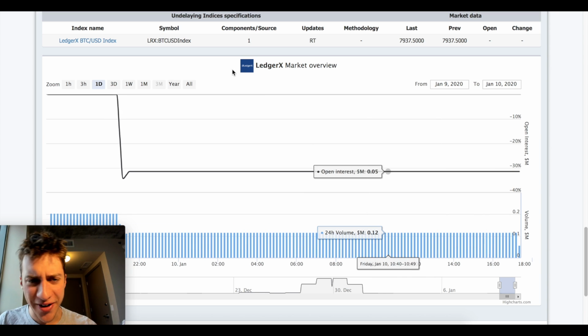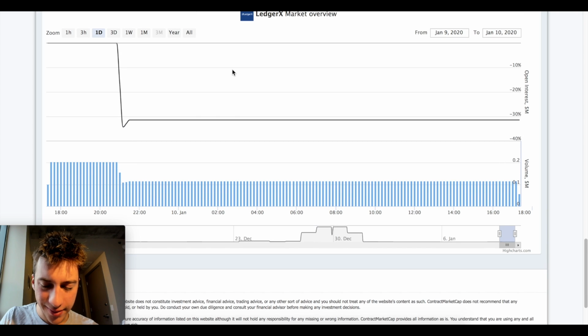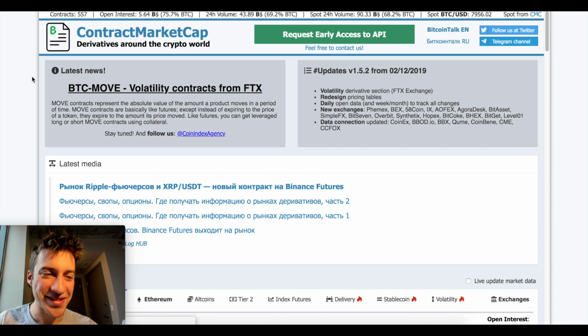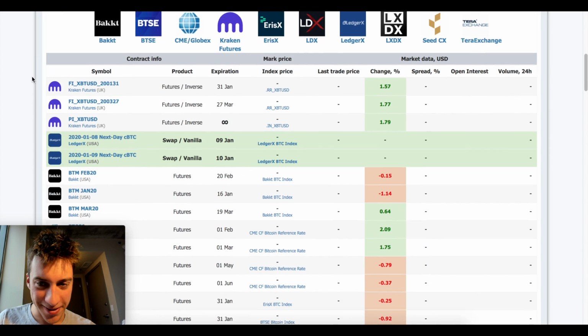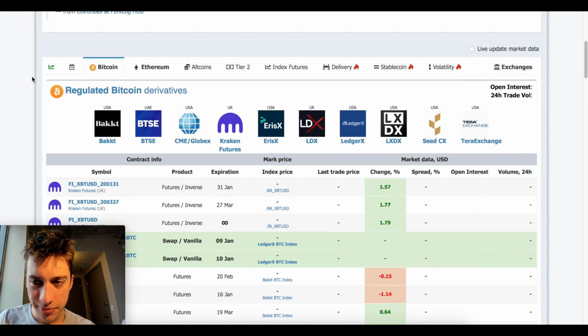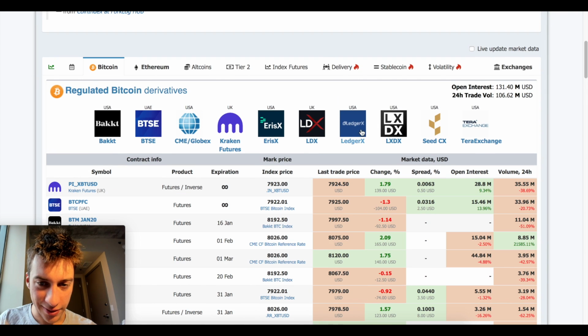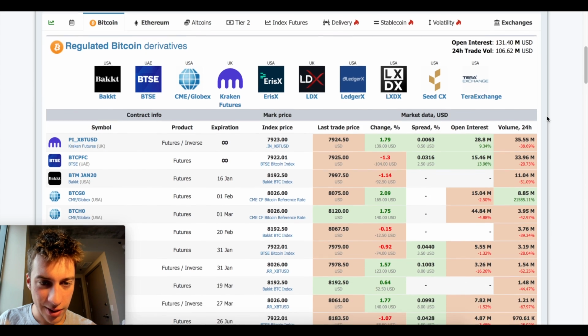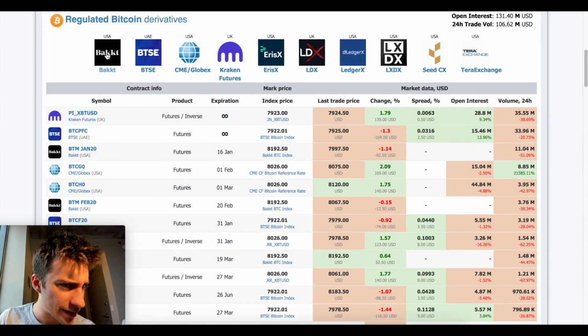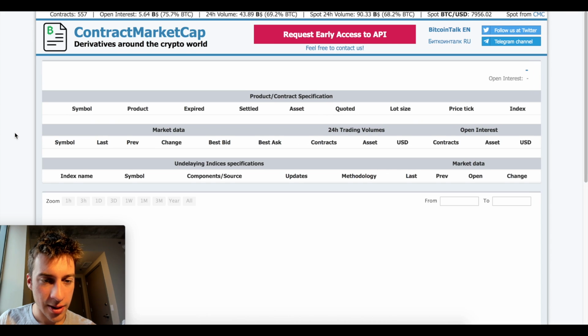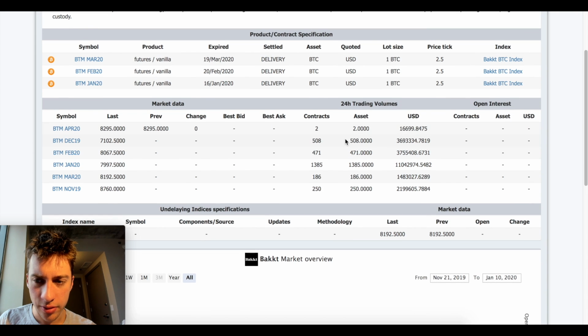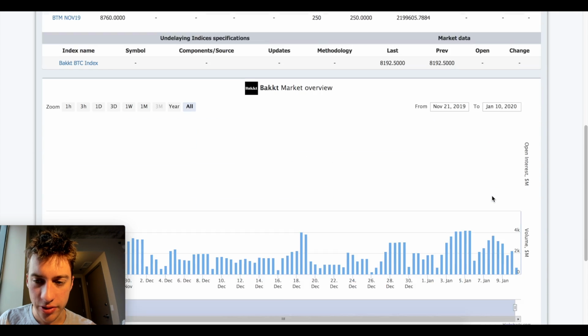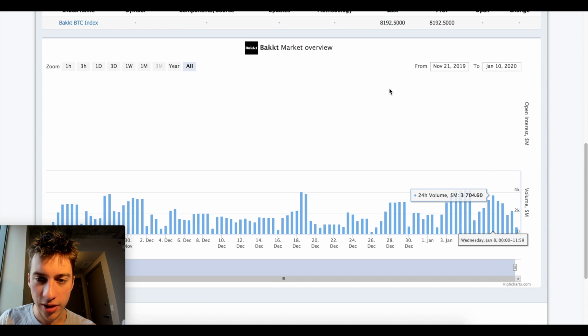Oh, it's like 0.05 million? Ugh, that's nothing. Okay, 0.05 million is like, what, 50K? That's not a lot. LedgerX, you gotta work a little bit harder there. How about Bakkt? What does Bakkt have? Nothing, or, I don't know. They don't really have any open interest here.